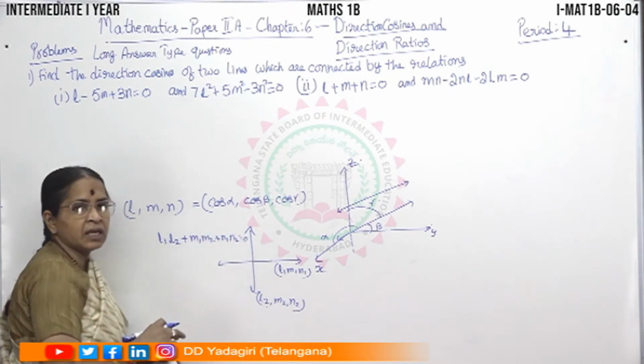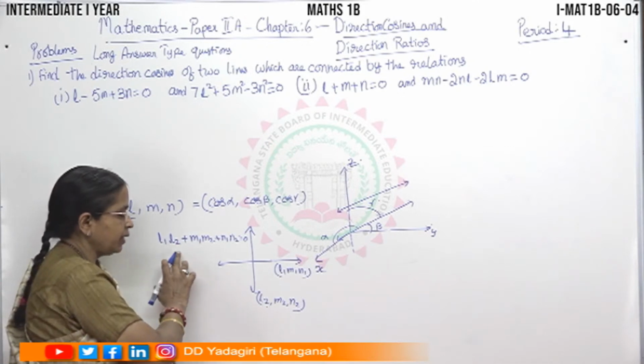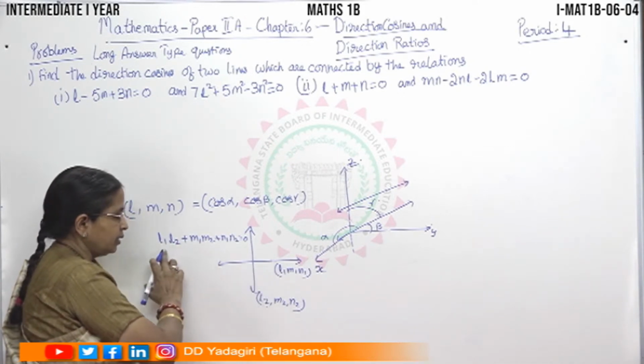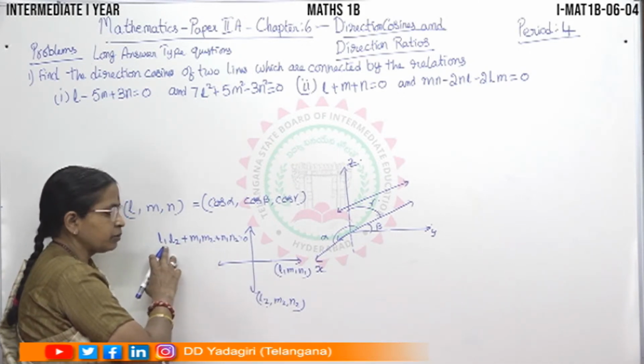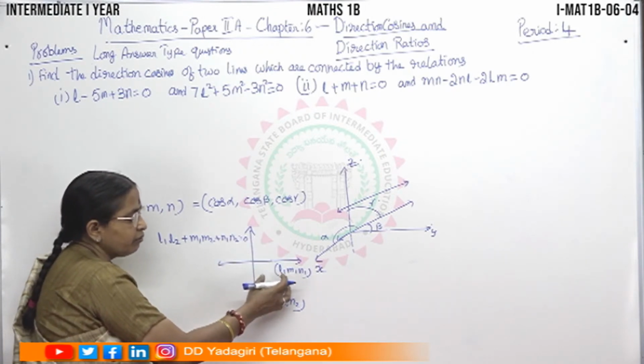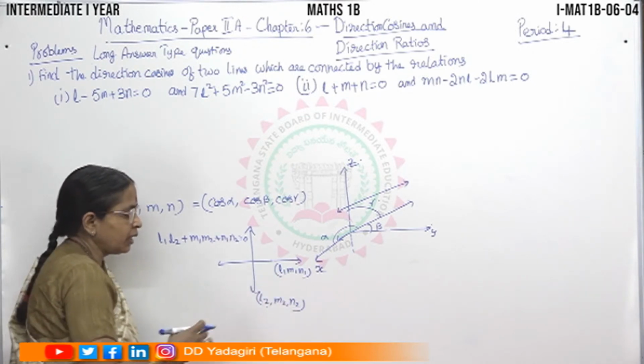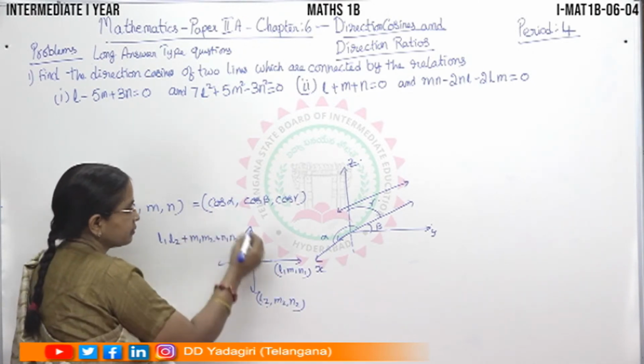So if the lines are parallel, their direction cosines are equal. If the lines are perpendicular, then they satisfy this property, where L1, M1, N1 and L2, M2, N2 are the direction cosines of the two lines.